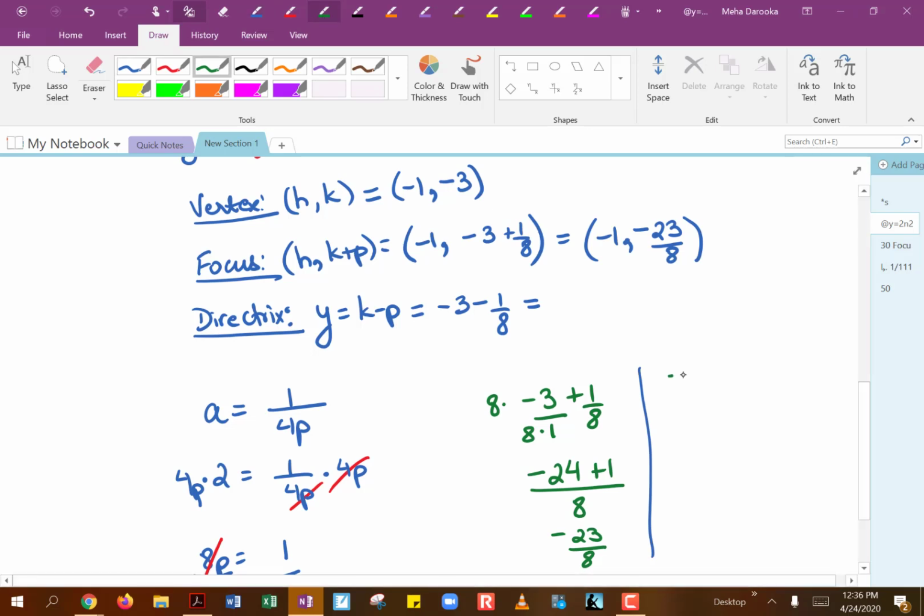Now for our directrix, we will do negative 3 minus 1/8, which will of course be the same thing. Find your common denominator.